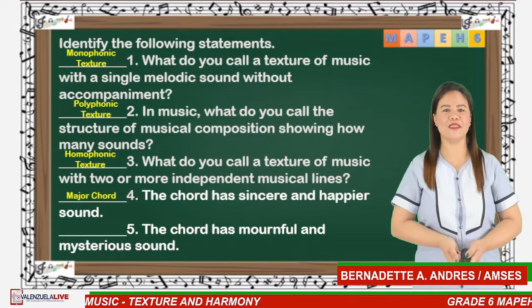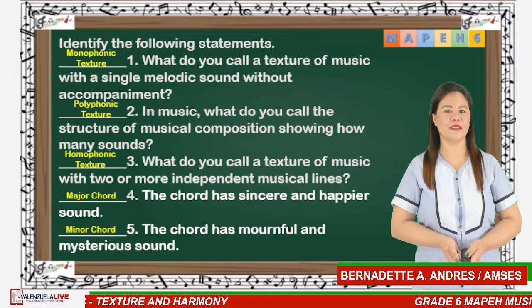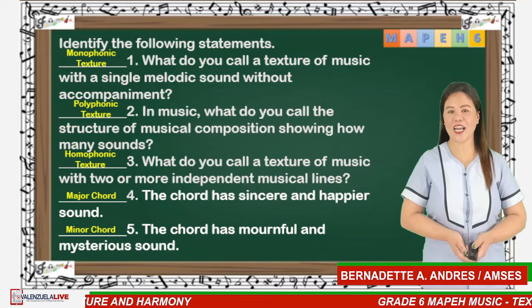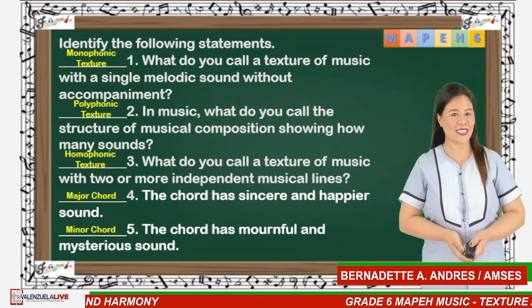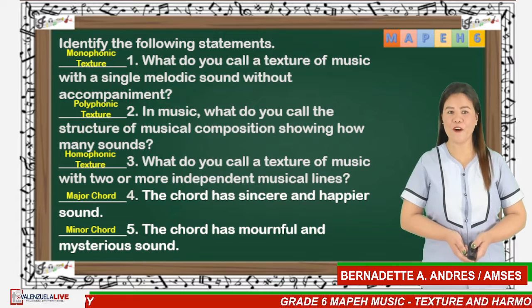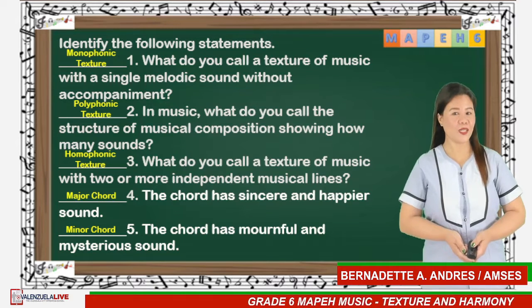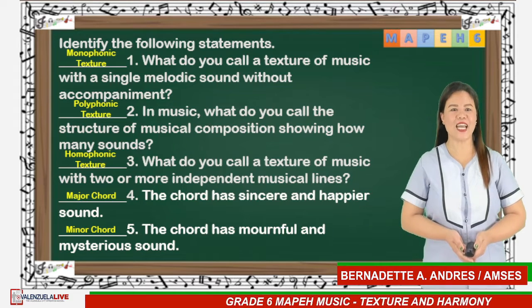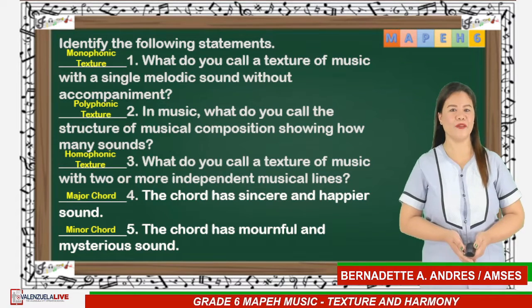Number 5, minor chord. Let us know your scores from our activity. If you got a perfect score, kindly type excellent in the comment section. If you got 4, kindly type very good in the comment section. If you got 3, please type good in the comment section below.